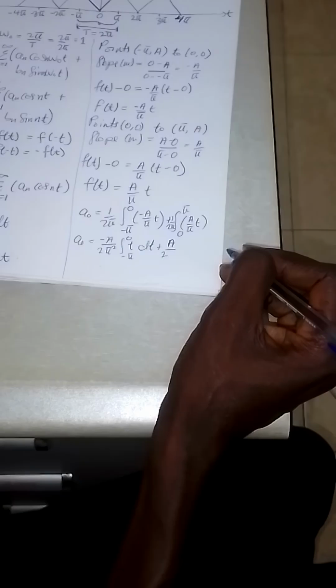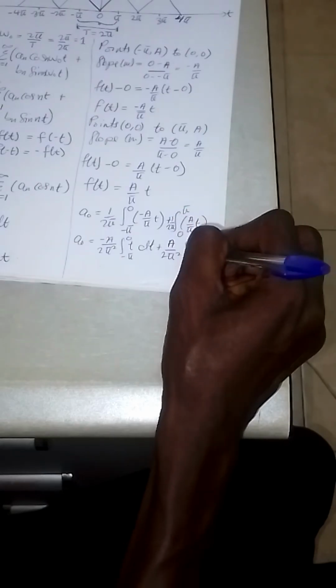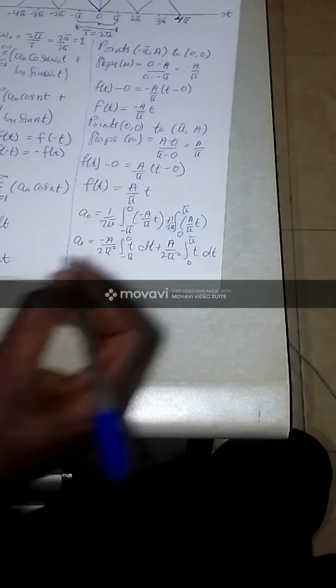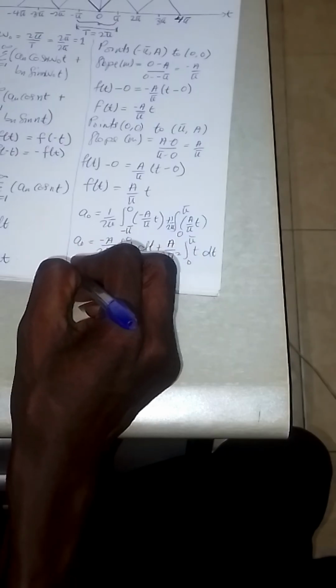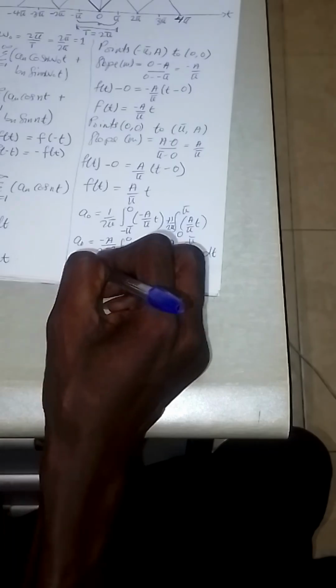Here I bring 1 over 2 pi, so I'll have a over 2 pi squared into the integral from 0 to pi of t. These are the terms I have to integrate.